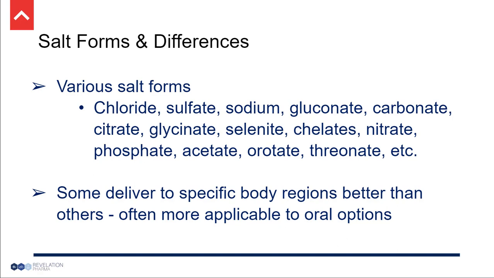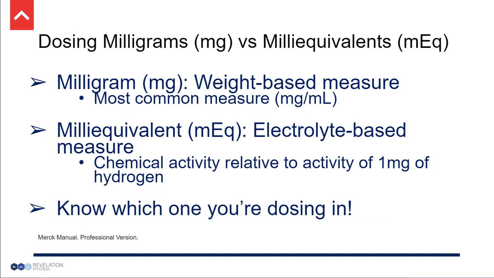But just to give you an idea of different salt forms that are available and how they could have different solubilities, make the ultimate concentration of the elemental part, the magnesium, calcium, etc., different, and how they might have somewhat different ways of delivering things inside the body as well.